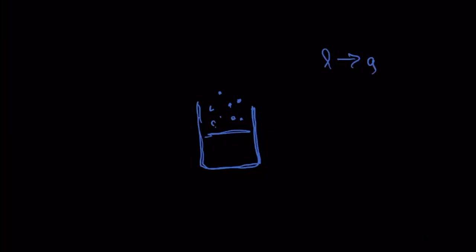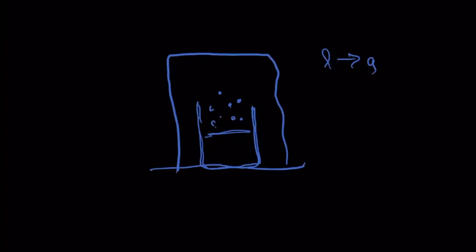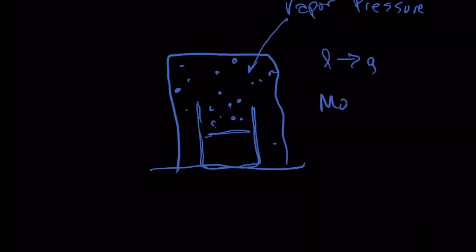Well, suppose you enclose this so that you're trapping the vapor. Well, the amount of gas in that chamber is the vapor pressure. Okay, you can measure the amount of pressure that the gas will exert in that environment. So you can see that the more likely it can evaporate, is it more likely to evaporate?